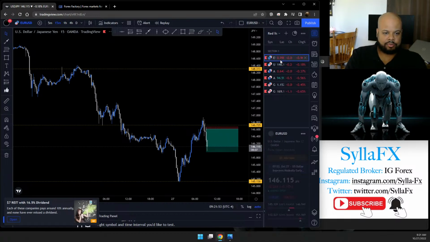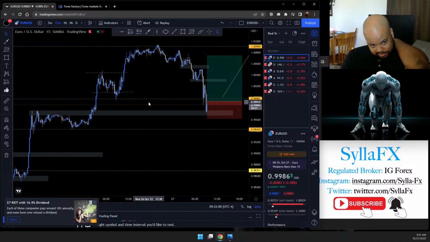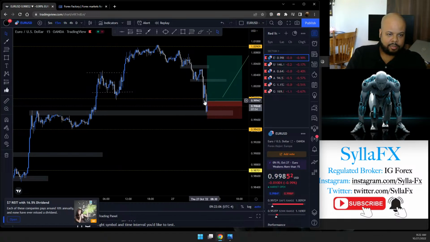So we're still a little bit below our entry on this one, but we did get that nice rejection at this level. So I'm gonna wait and see if we can push above the profit line and get above this resistance level here. We're still in an uptrend, so we look good on that one.